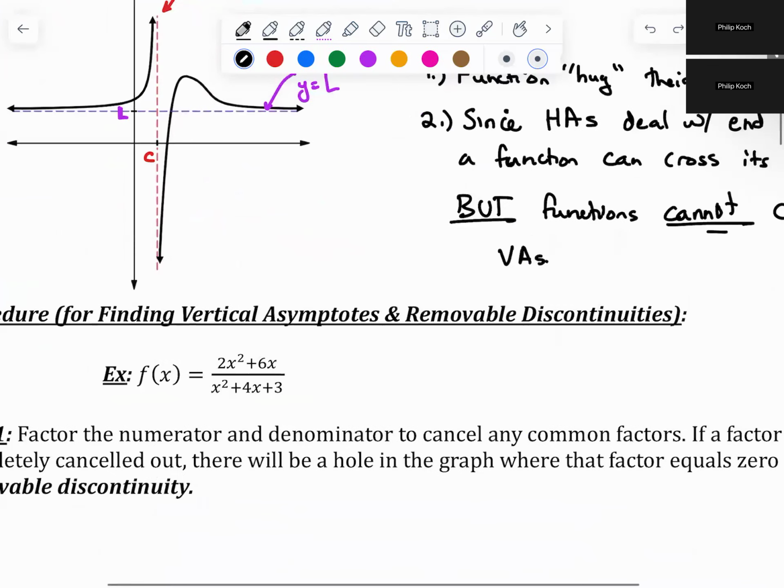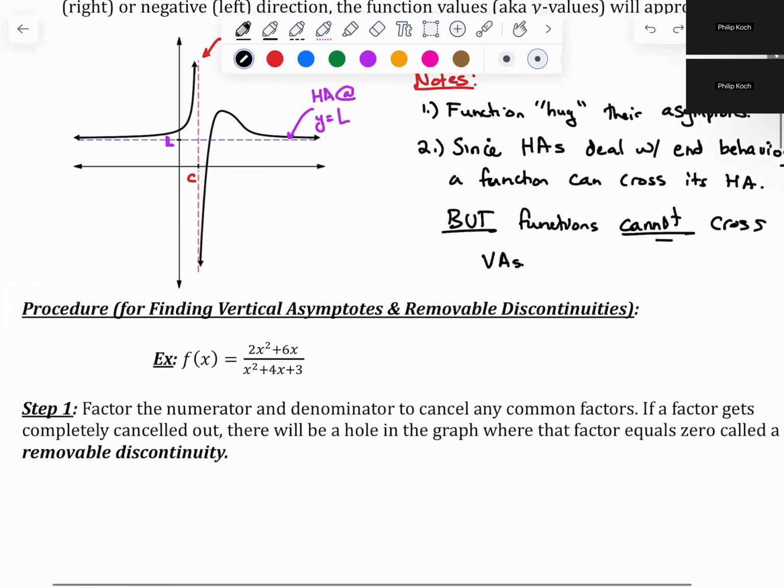So how do we find them? I've given you a picture, but how do we actually find these asymptotes? We'll start with vertical asymptotes. The procedure for finding vertical asymptotes, and also for finding removable discontinuities: step one is to factor the numerator and the denominator completely and cancel any common factors.